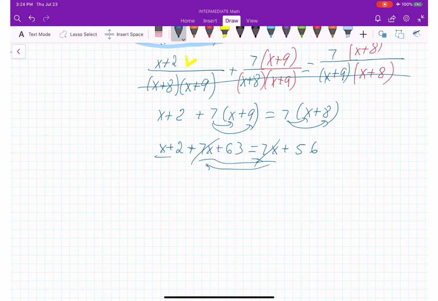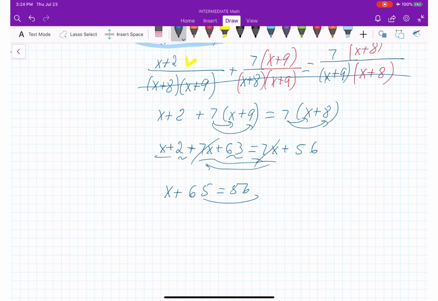So they are gone. You also need to know that if the same terms are on both sides of the equation, you can cancel them, because once you move one it flips the sign and they cancel each other anyway. So we get x plus, combining like terms, 2 plus 63 is 65, equal to 56.